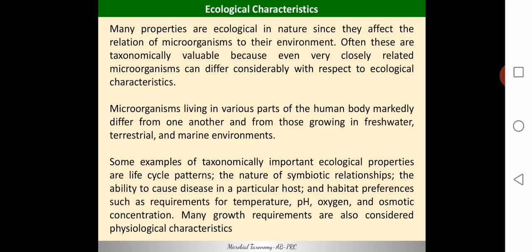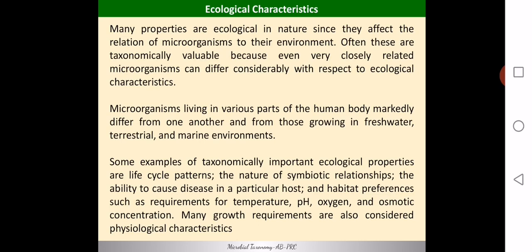You can have examples like microorganisms living in various parts of the body in human beings are different from each other, and they are different from similar organisms living in other environments. That means if a particular bacterium lives in the intestine of a human and the same kind of organism lives in fresh water, they will be entirely different. So the ecology matters, right?